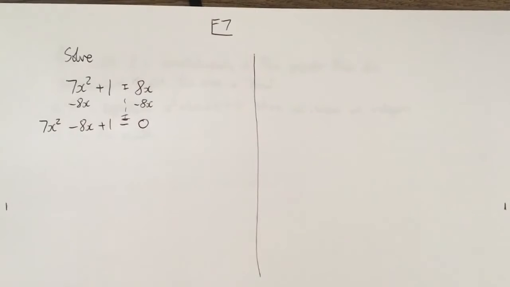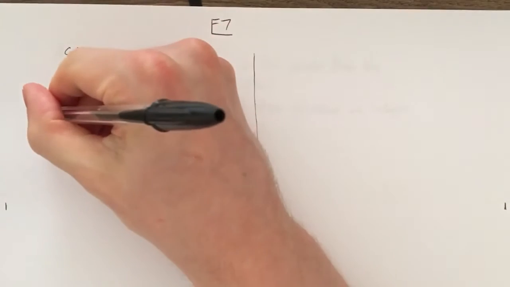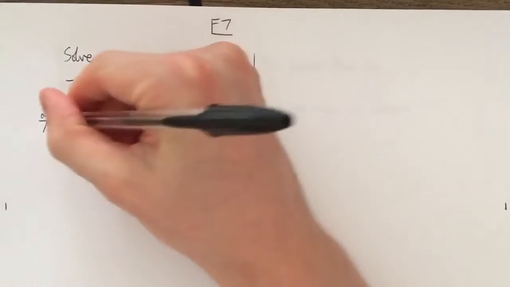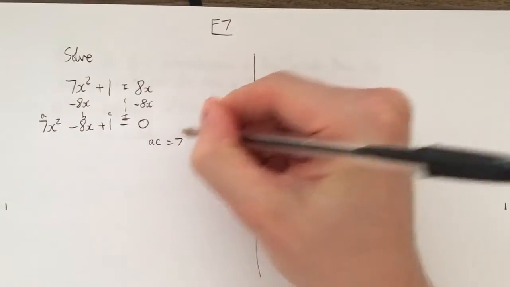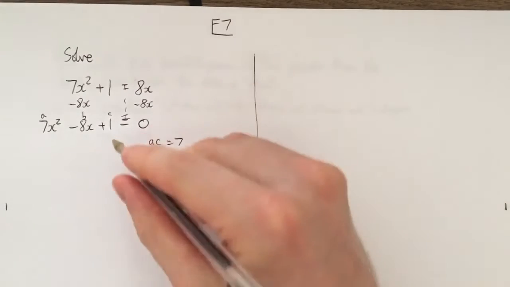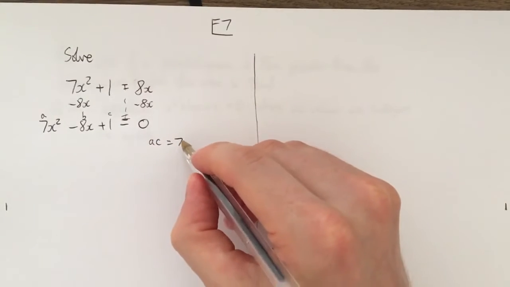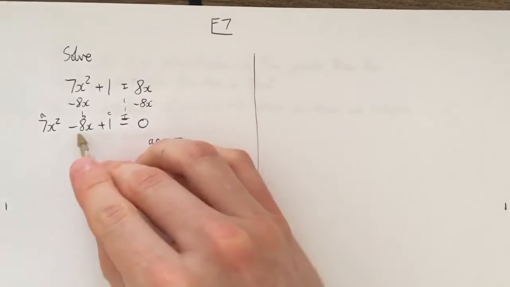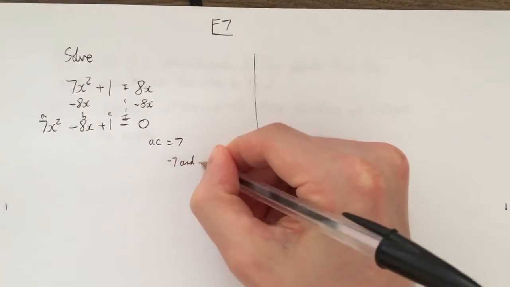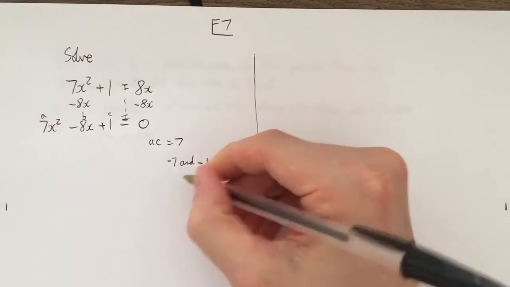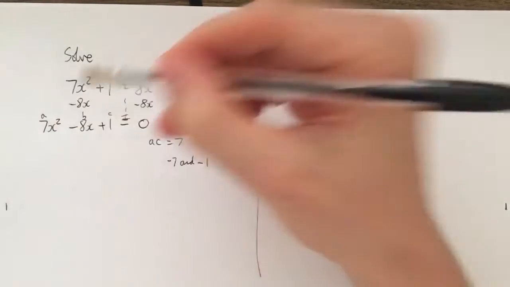From here, we should know what to do, based on our work on F6 and F5. So here I go A, B, C. AC, 7 times 1 is 7. Two numbers that multiply to get 7 but add to get negative 8 would be negative 7 and negative 1.